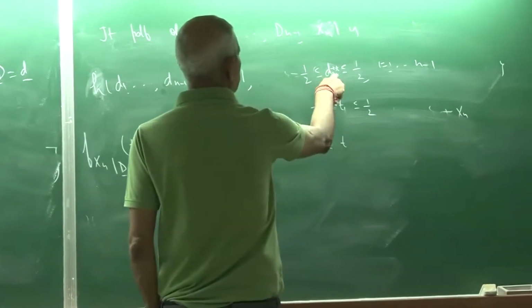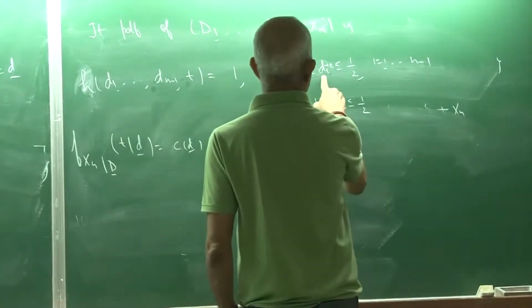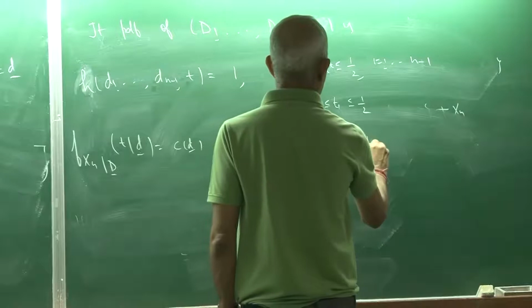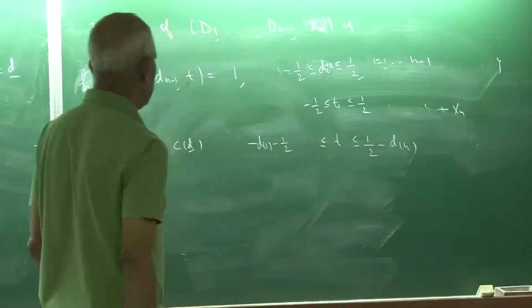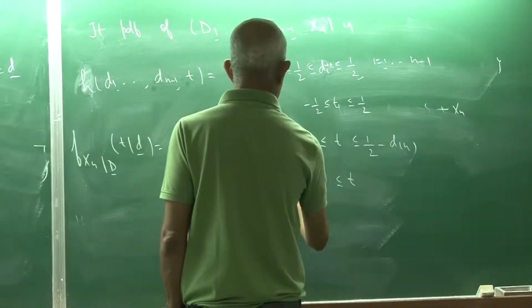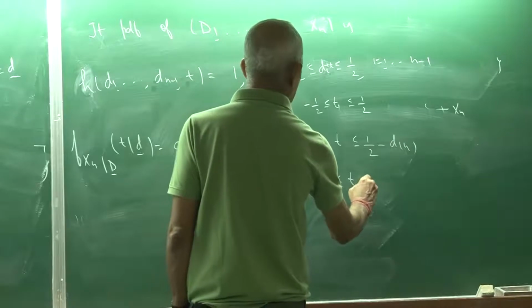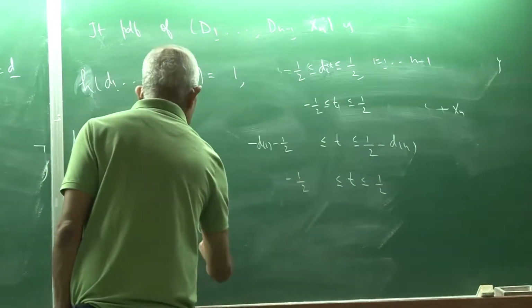And each di plus t is less than or equal to half, so t is less than or equal to half minus dn. And t lies between minus half and half. In fact, this can be written as C of d.